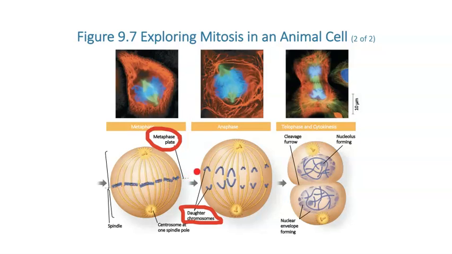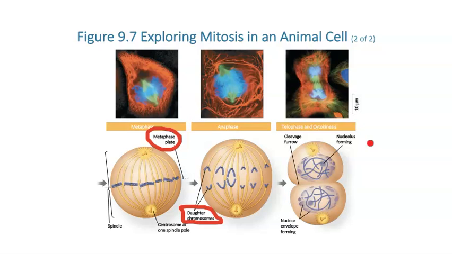But if you start counting daughter chromosomes, you've got 1, 2, 3, 4, 5, 6, 7, 8, 9, 10, 11, 12. It looks like within a single cell, you've got twice the number of chromosomes. We tend to not count this very often, but it is in this one brief phase of anaphase where it looks like you've got twice the amount of DNA because those sister chromatids are separated from each other.